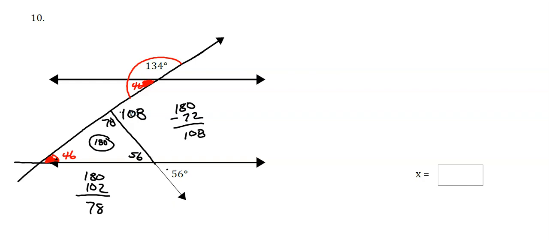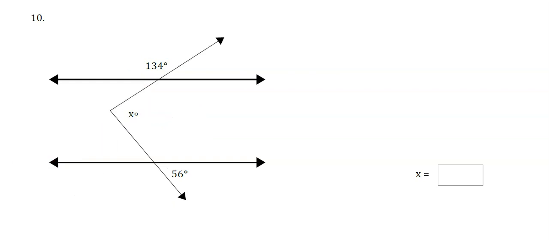Let me just make sure I did that right. 102, 78, 78. I screwed up right there, got going too fast. Since this is 78, I have to do 180 minus 78, which is 102. So just another way to do that problem. And I believe that is it.